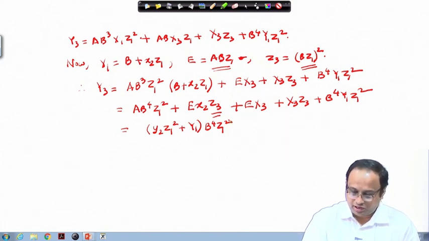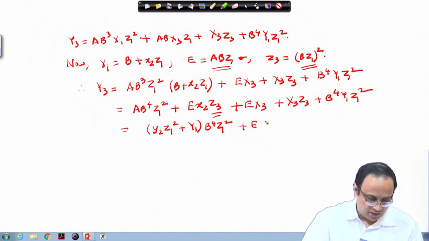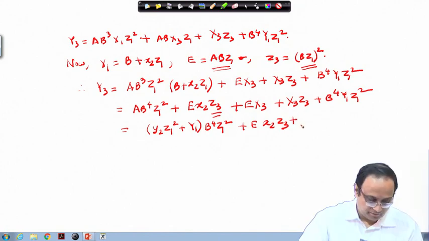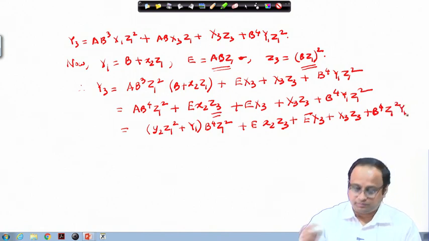So, that essentially comes from the equation that we have for A, and this plus E x2 z3, plus E x3, plus x3 z3 plus b to the power of 4 z1 square y1.